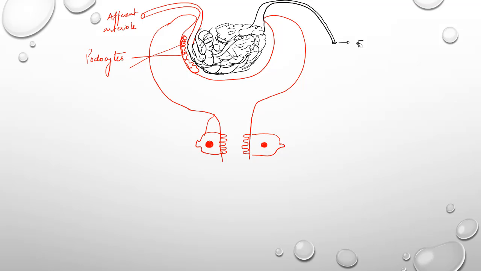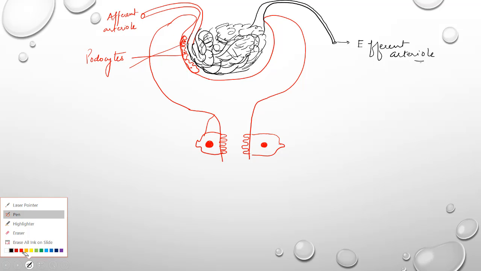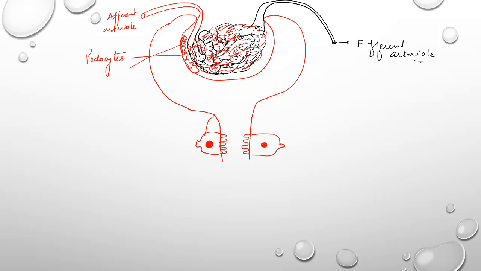This is the efferent arteriole. You can see the diameter of the efferent arteriole is less. These are the capillaries, so all these are capillaries, a tuft of capillaries.